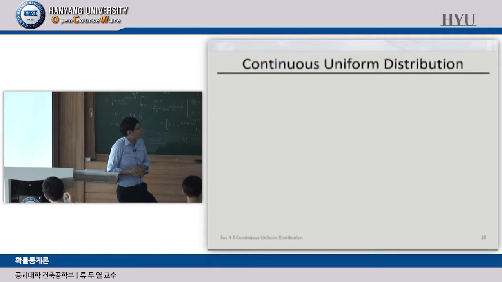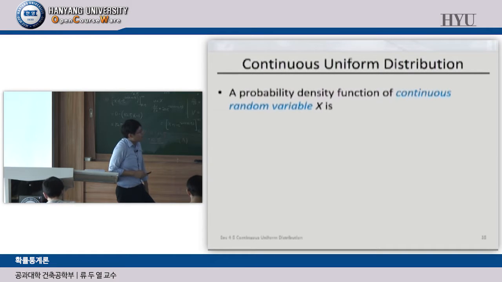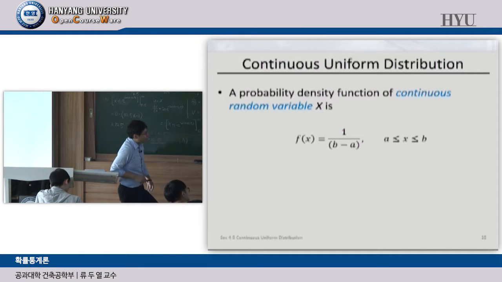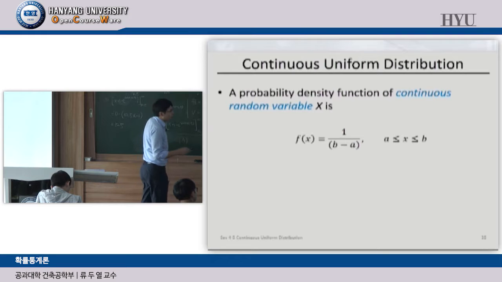And now I'm going to explain about the continuous uniform distribution. A probability density function of a continuous random variable x is expressed by this equation when this is the continuous uniform distribution.